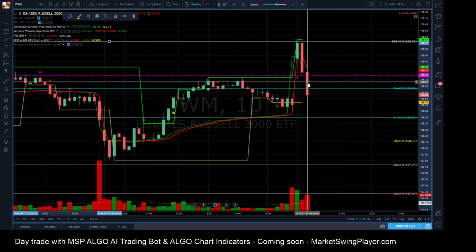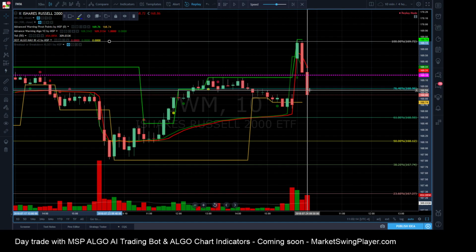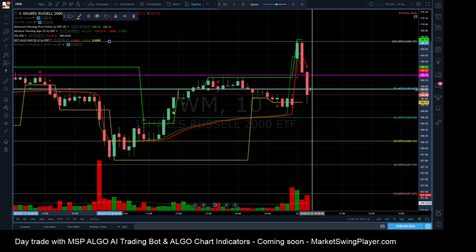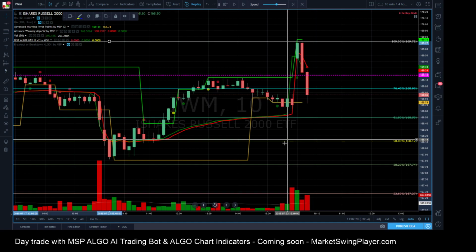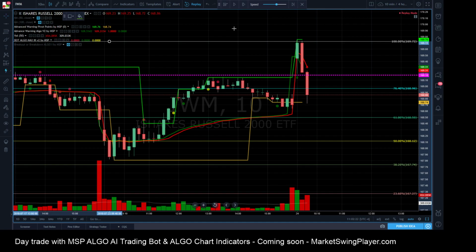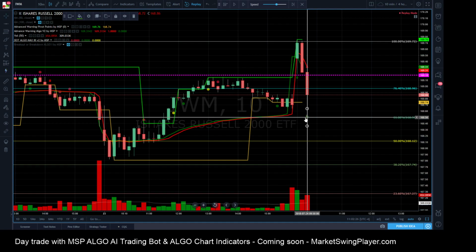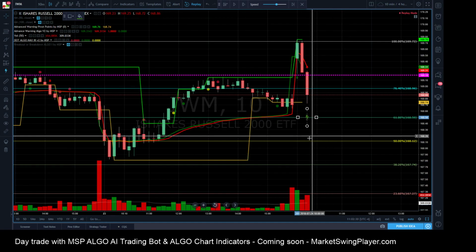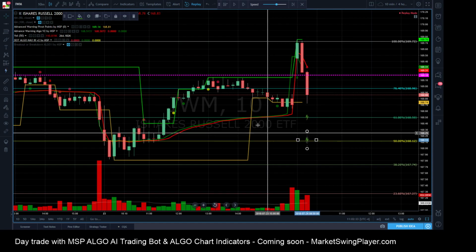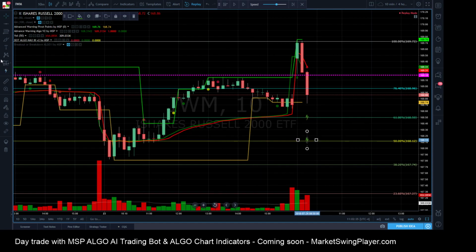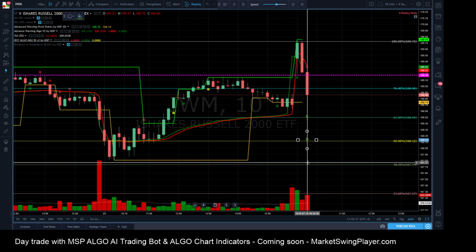So we're thinking we could hit this fib here, and if that failed, then the next one. This is a fib based on a 10-minute time frame. So we got a support there, and another support here, and another support here.